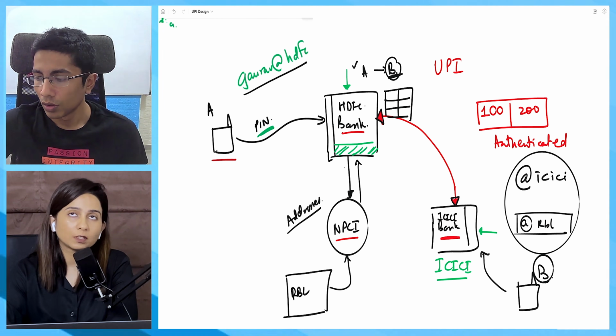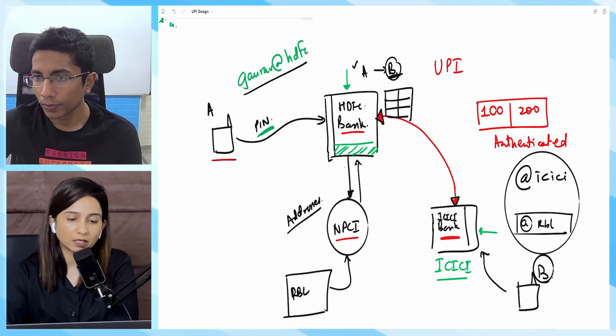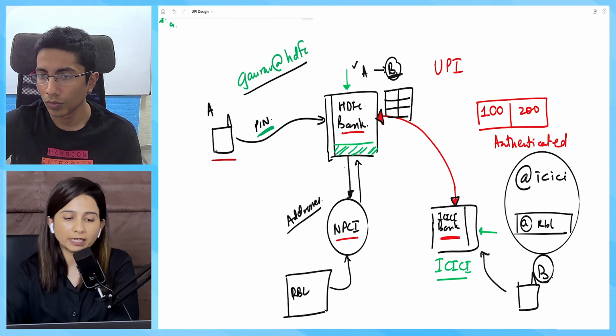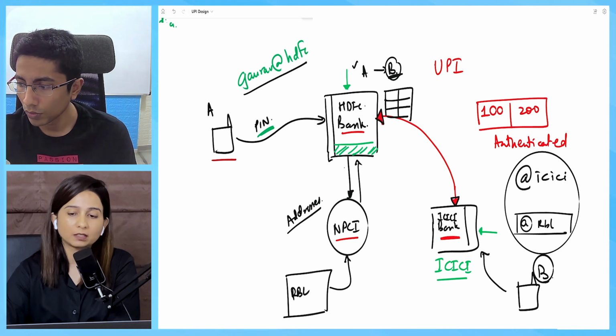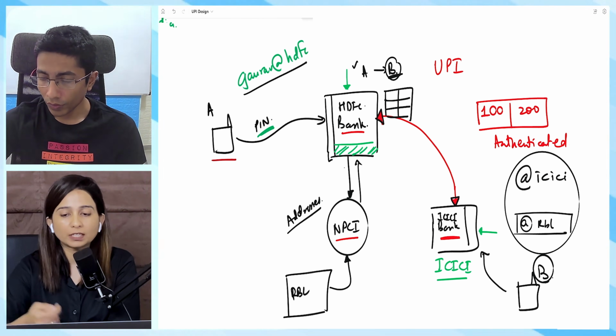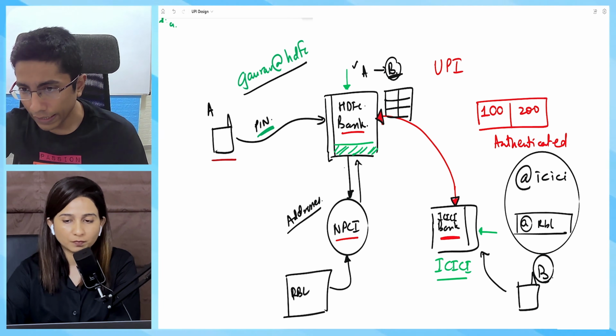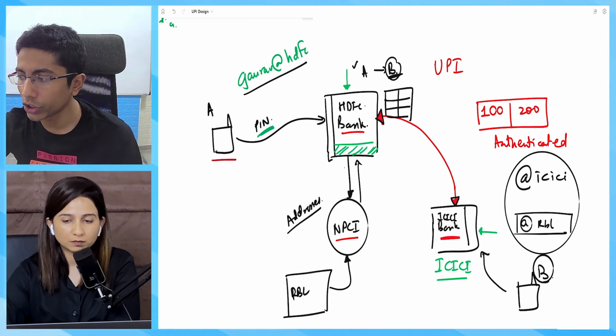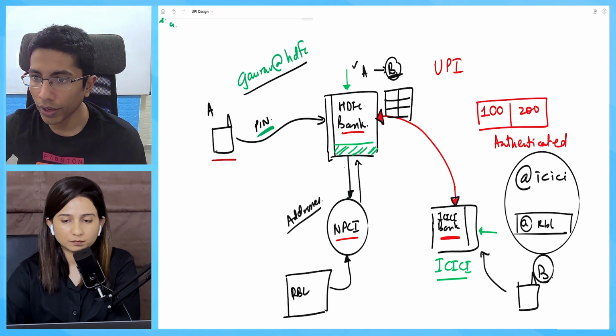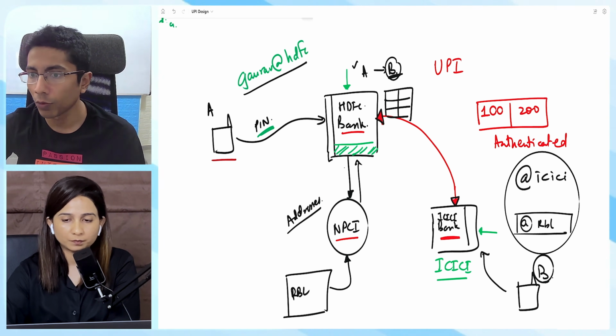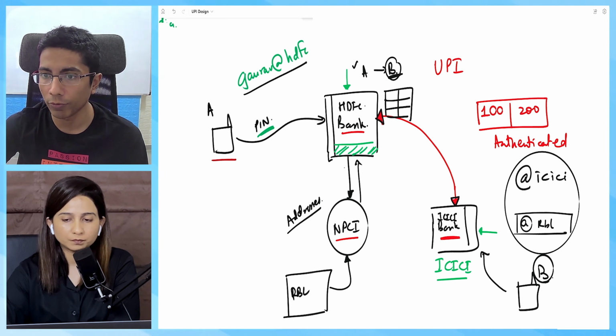Right. So if banks start caching, even in case there is a failure on the NPCI side, there would be a fallback if that address is available in the bank cache. Yes, if it is available in the bank cache, there would be. But if NPCI is down for a very long time, it is still a single point of failure.